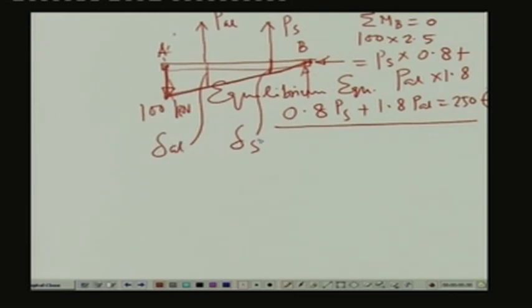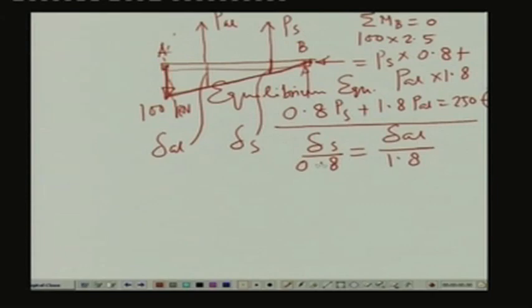Hence, the compatibility is that, from this particular triangular configuration, we can write delta S by 0.8 equals delta aluminum by 1.8. So, this is the compatibility relation.